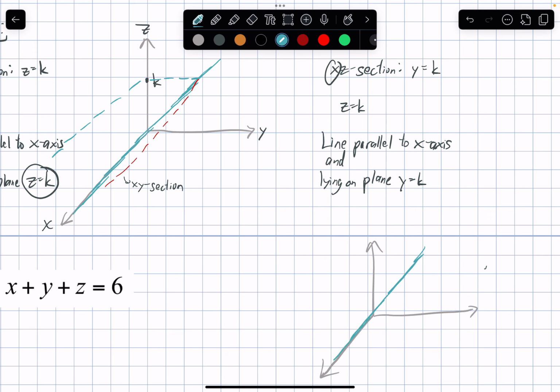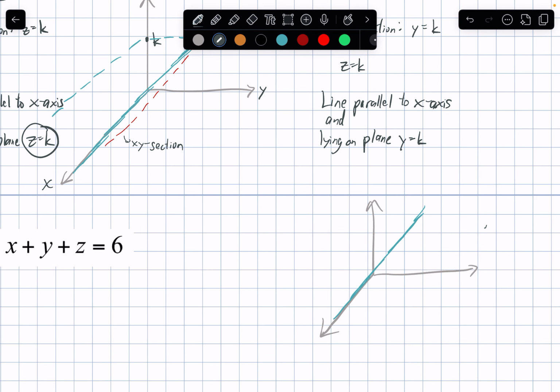Again, by default, you draw this. Y is equal to k. This is x, this is y, this is z. Y is over here. Okay, so we can form a dashed line like that, and parallel to the x-axis.